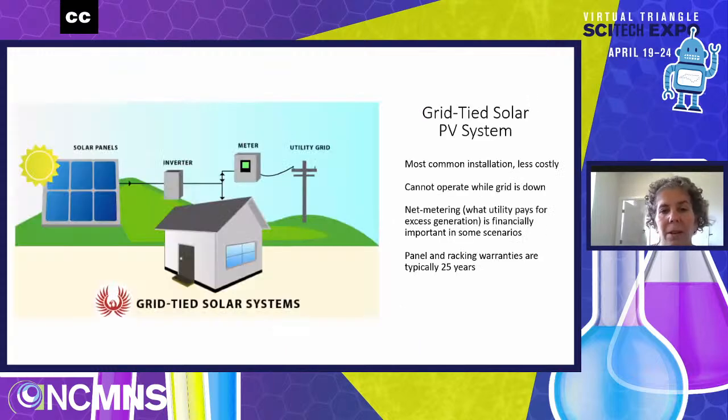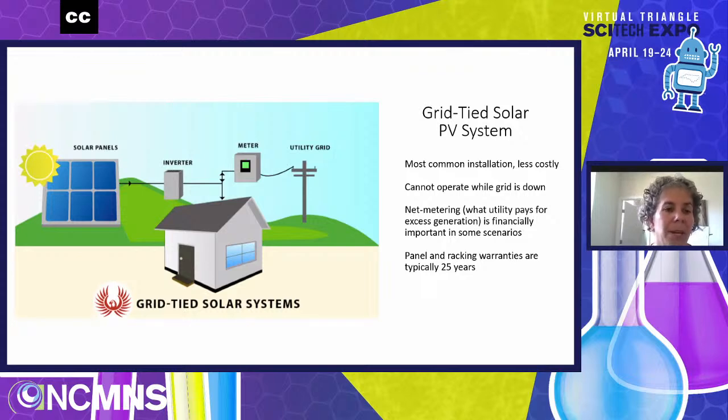So what does this look like for solar? In solar, the most common installation is what's called a grid-tied system, where the solar production is tied directly to a utility company's utility grid. If you look at this graphic, we've got the sun sending photons of light over to the solar panels, knocking around those electrons.